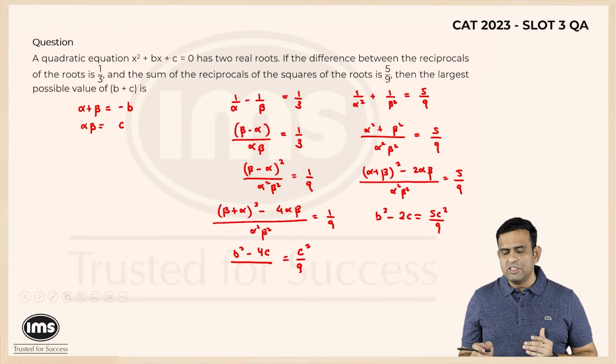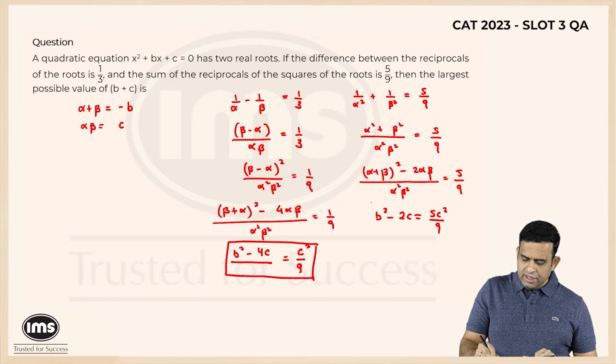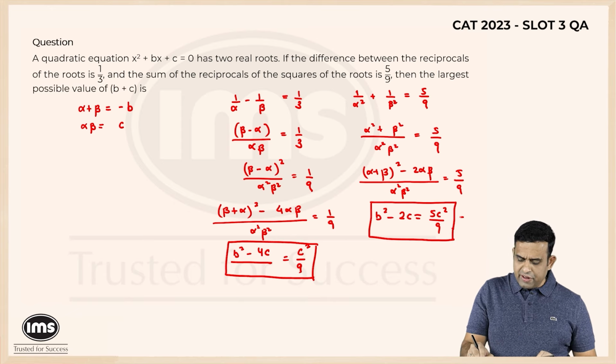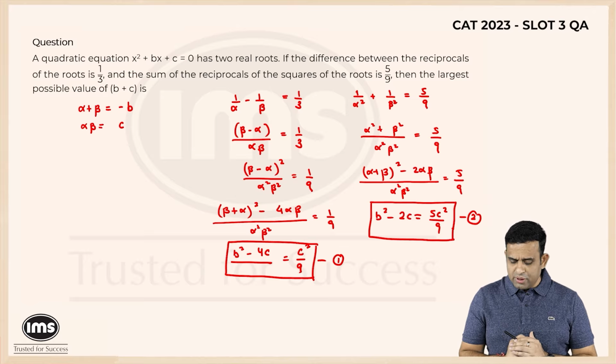Now at this particular point, I call this one equation and this the other equation. Now we can try to eliminate the value of b. If I call this equation number 2 and equation number 1, and do equation number 2 minus equation number 1, the value of b square will get cancelled out.